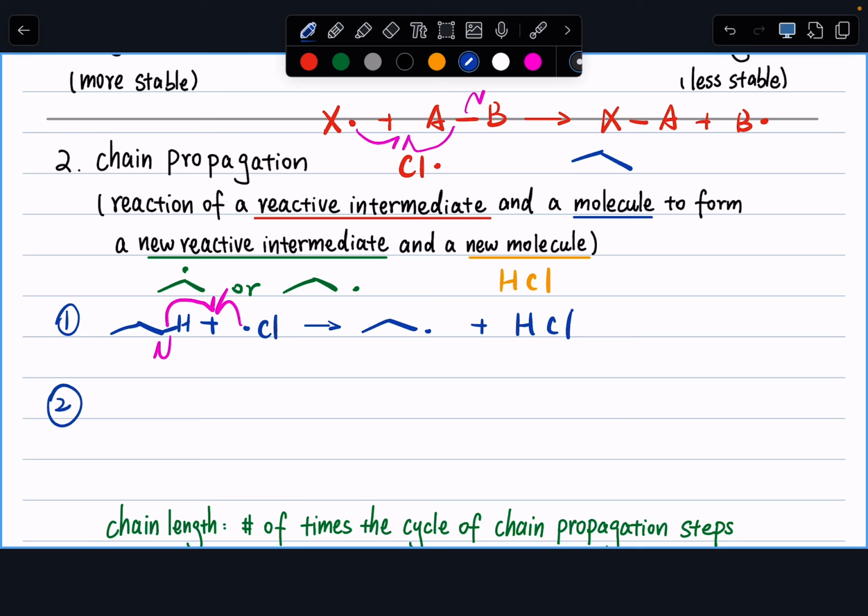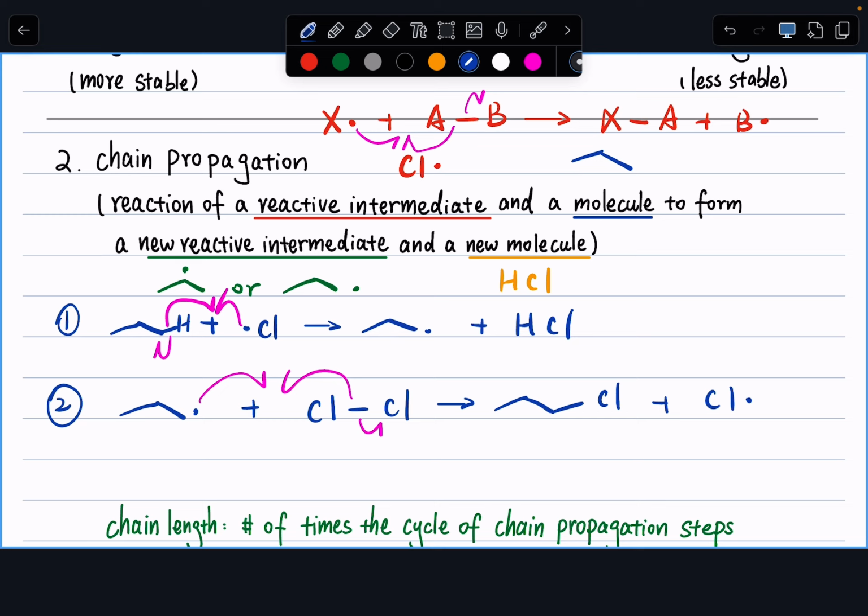And we can have a different type of propagation, which is, upon generation of this carbon-centered radical, the next step is that the carbon-centered radical can react with another molecule of chlorine, Cl2, and form a new bond between your carbon and chlorine to form what we want as a product, and regenerating Cl dot as my catalyst.